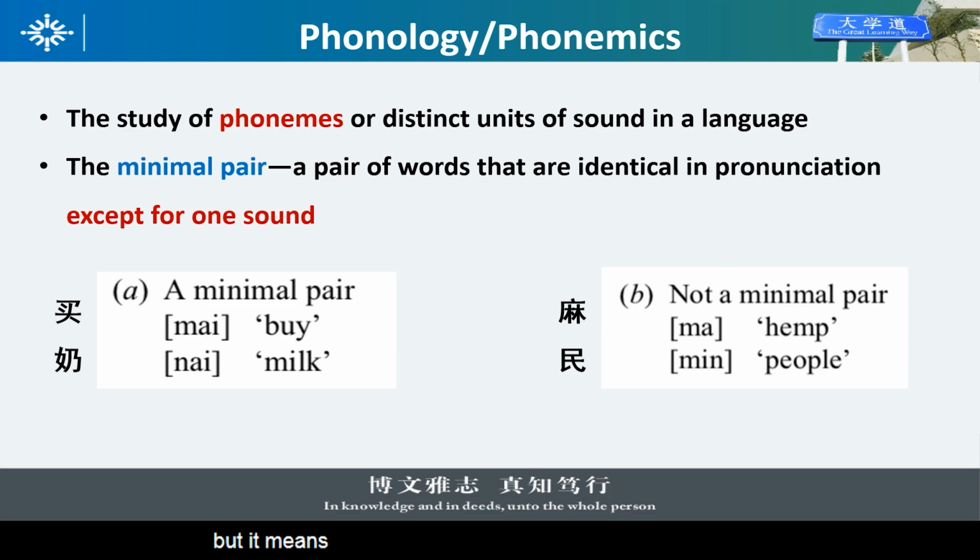But in min, you have two different sounds here, which are i and n. They are different from a, but not by only one sound. In this case, you cannot regard ma and min as a minimal pair. The minimal pair is very important if you want to differentiate all the phonemes in a phonological system.